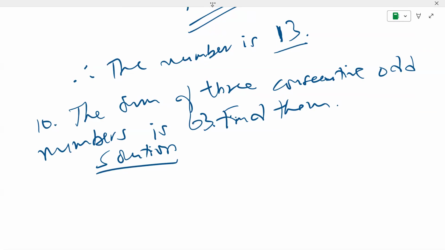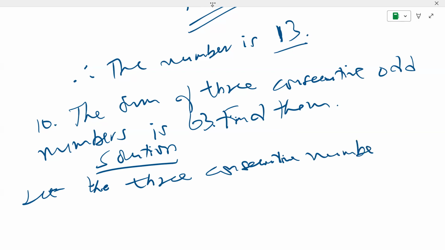So, as usual, let the 3 consecutive odd numbers be x, x plus 2, then x plus 4.